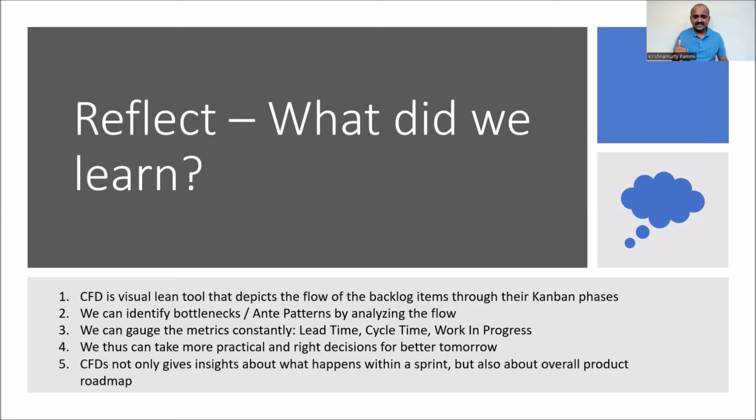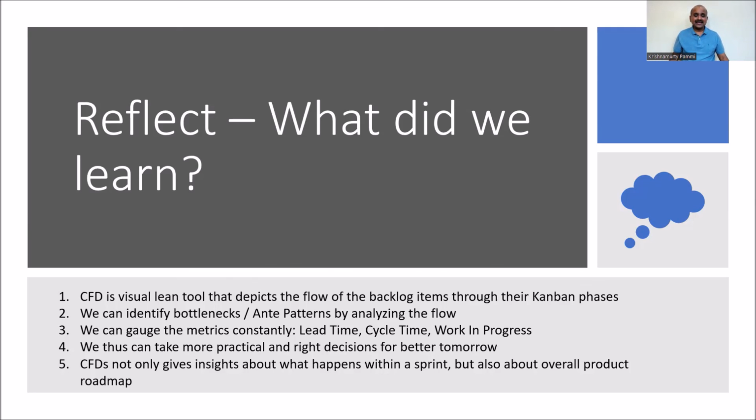We have taken 7 case studies, right? And in each case study, we have understood several patterns that are concerning. Those things will not be visible easily, right? That can be experienced, but we can't showcase. But the cumulative flow diagram will showcase those bottlenecks and bring them visible to everybody.